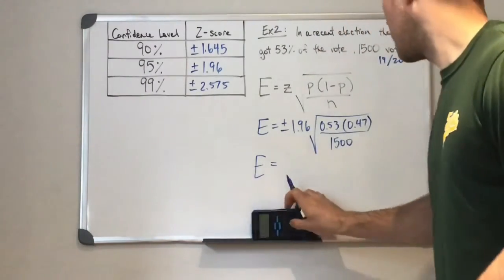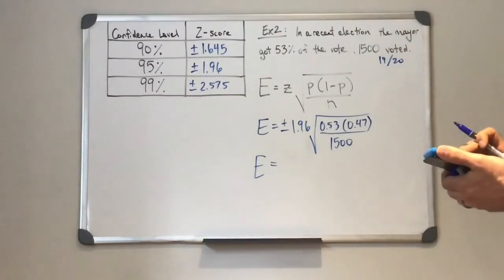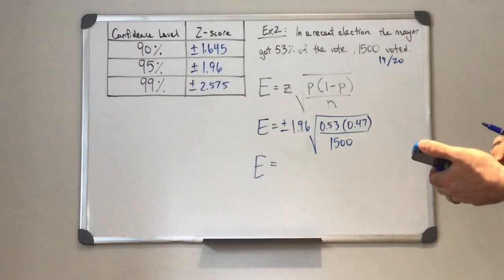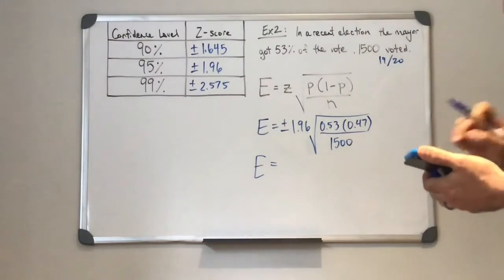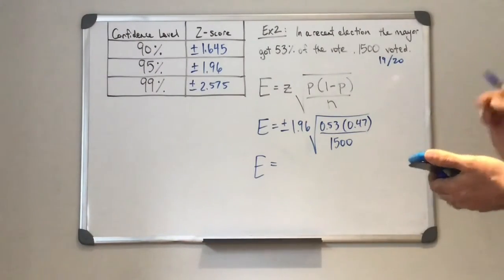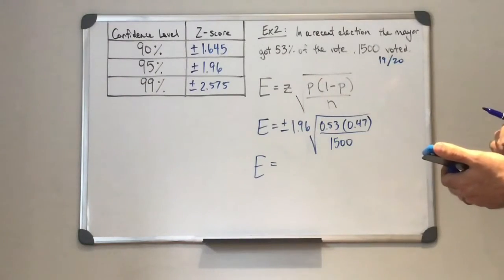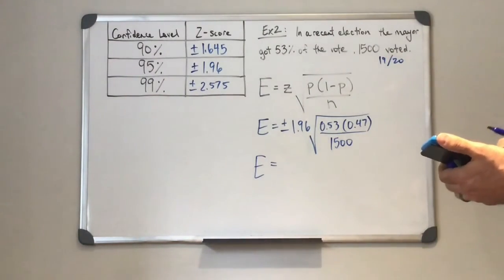So let's calculate this here. I'm going to do everything in the square root first, and we'll use that to develop our margin of error. 0.53.